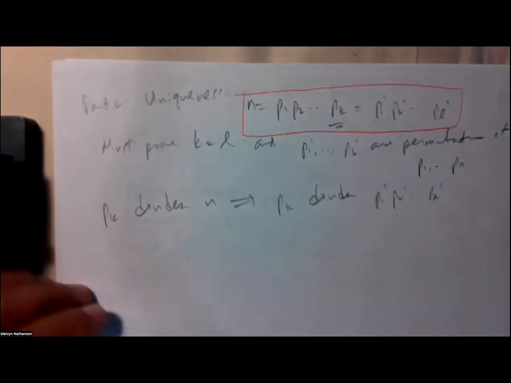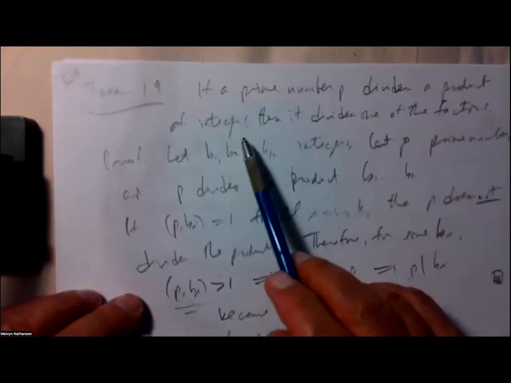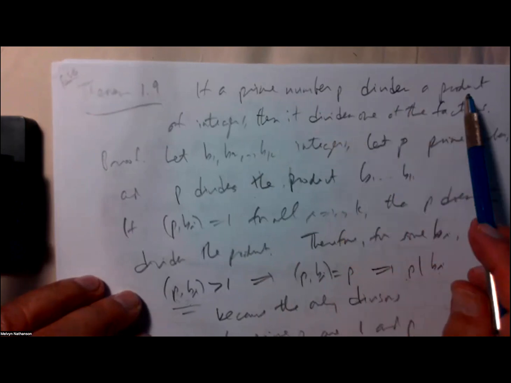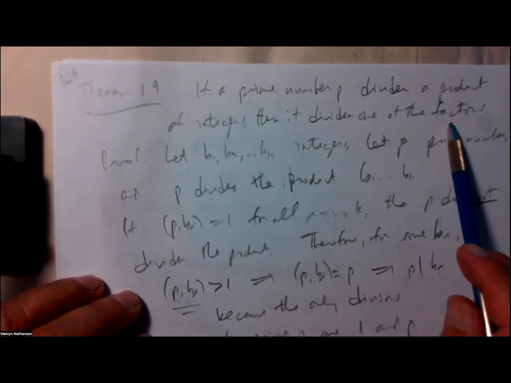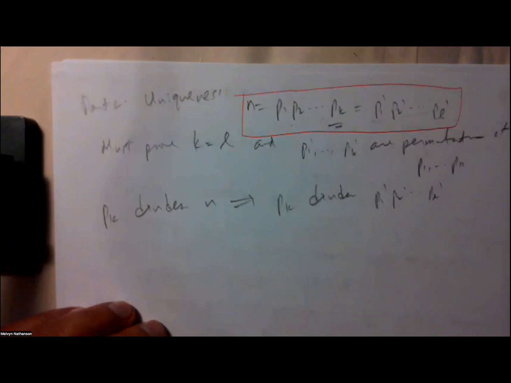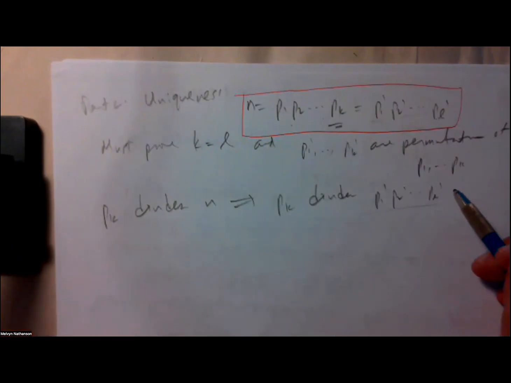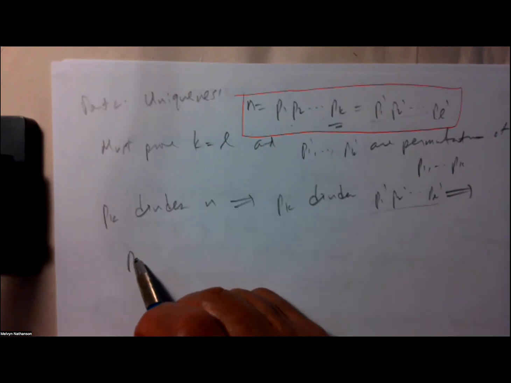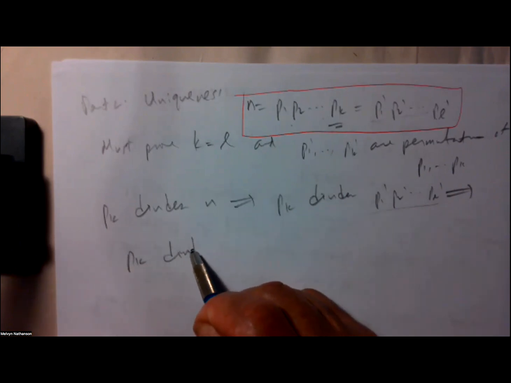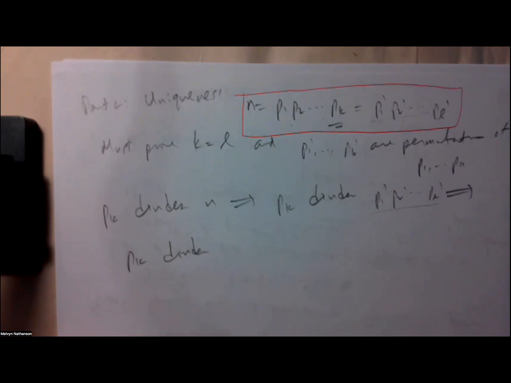But what did theorem 1.9 say? Here's theorem 1.9. It says if a prime number p divides a product of integers, then it divides one of the factors. So this prime number p sub k divides this product of integers. So this means that p sub k divides one of these factors.